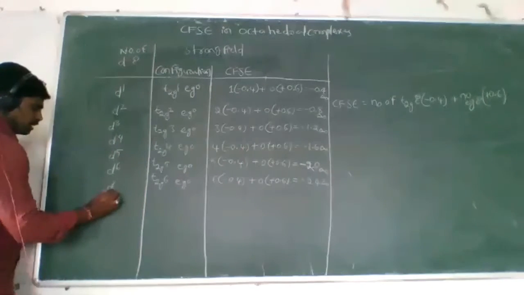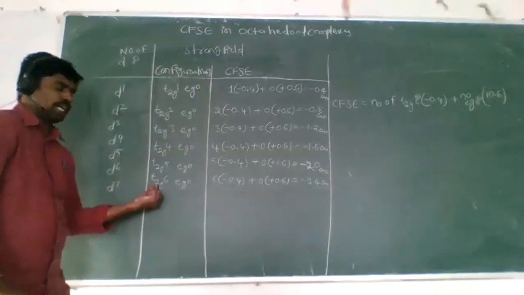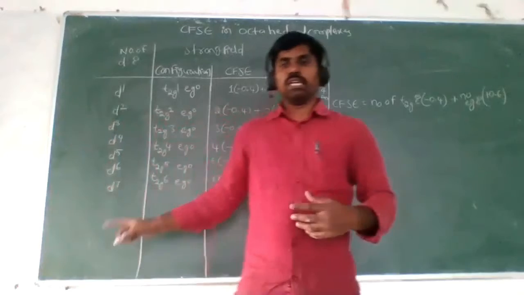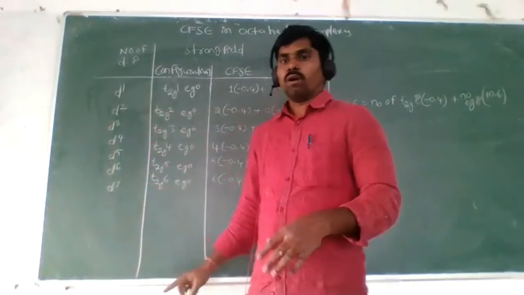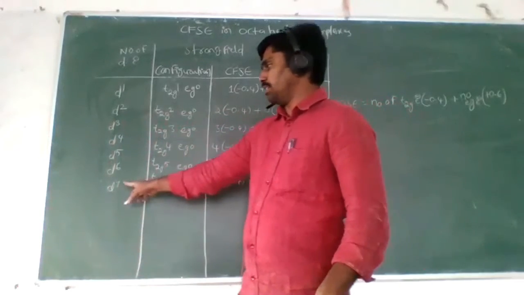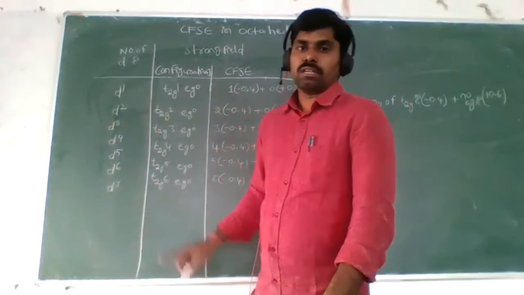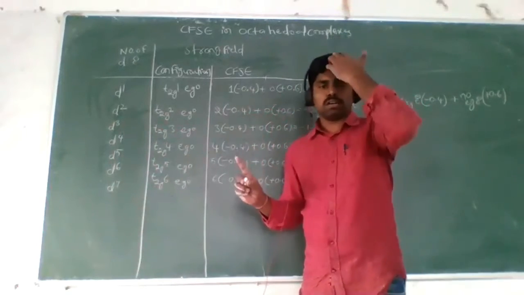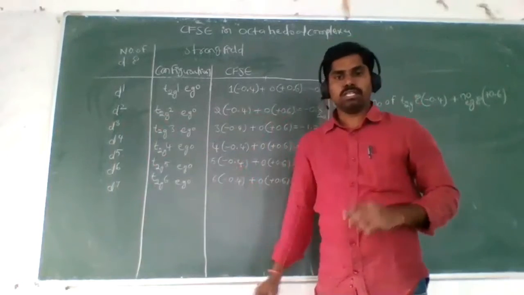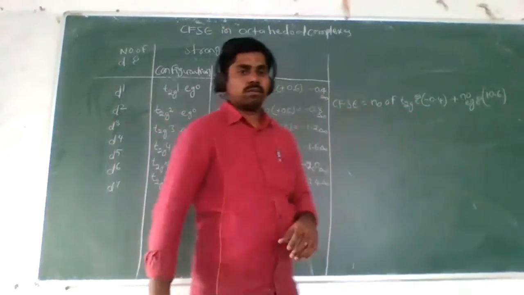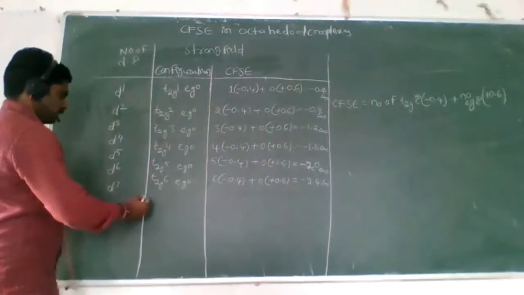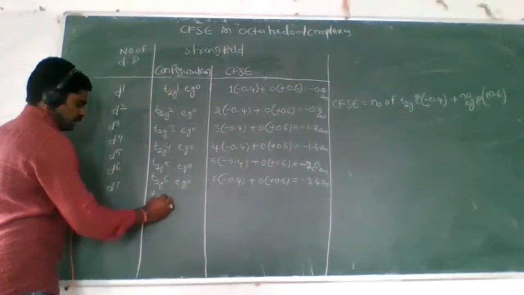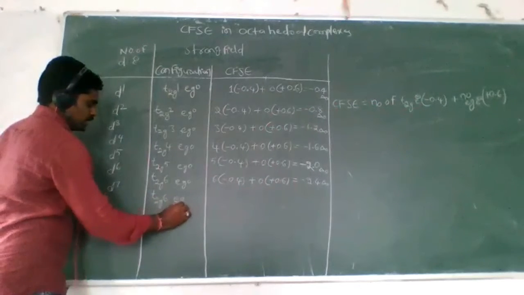Next, d7. Now the T2g is completely filled, 6 electrons fulfilling the T2g. Now what remains? Here there are 7 electrons, so after the T2g is filled, the remaining electron enters the EG orbital. That's why the configuration of d7 is T2g6 EG1.